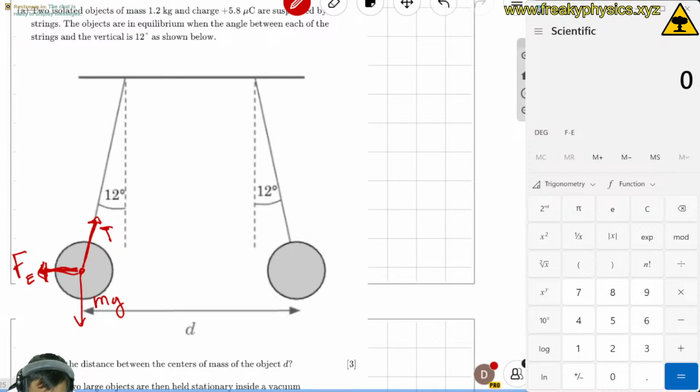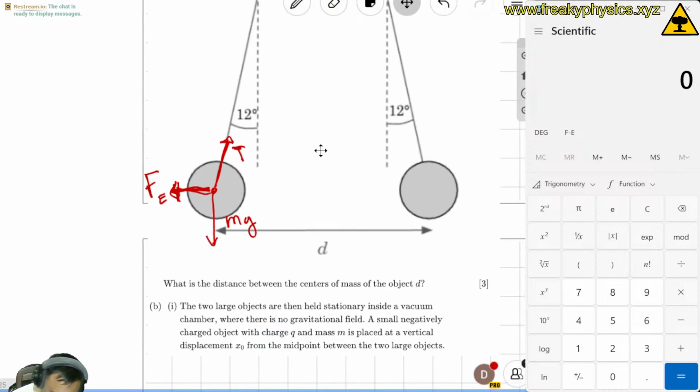What's the equation for the electrical force between two charges? That's going to be k times, in this case, the charges are identical, so we get Q squared over the distance between them squared. So that's the electrical force right there.